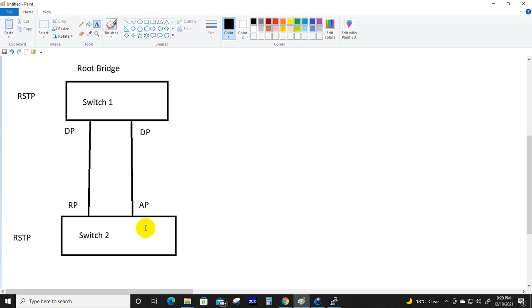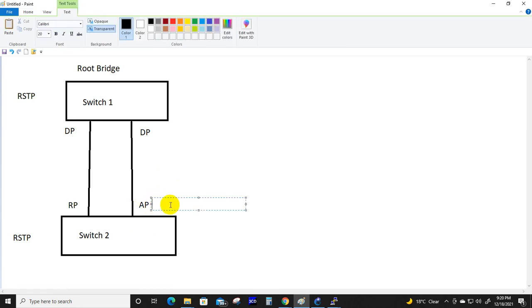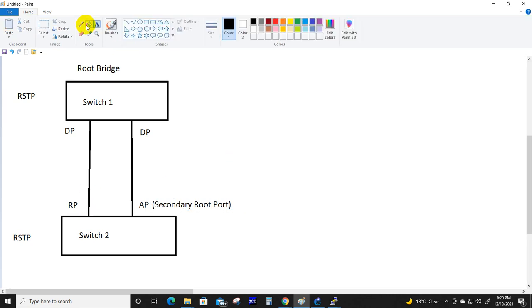Okay? Yes, sir. So what is the role of the alternate port here? Secondary root port. That means if this port goes down, the alternate port immediately takes the responsibility of this port.